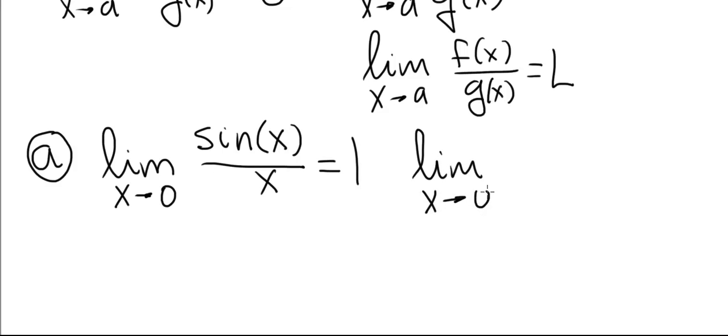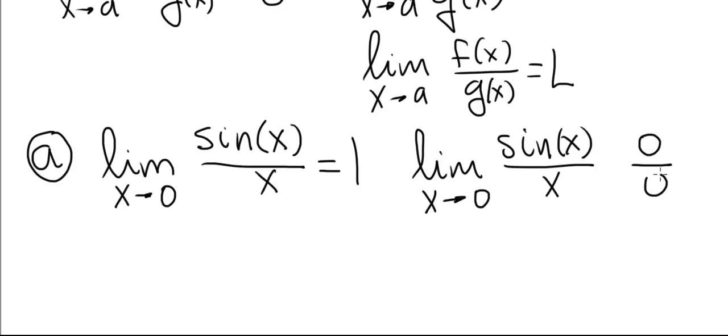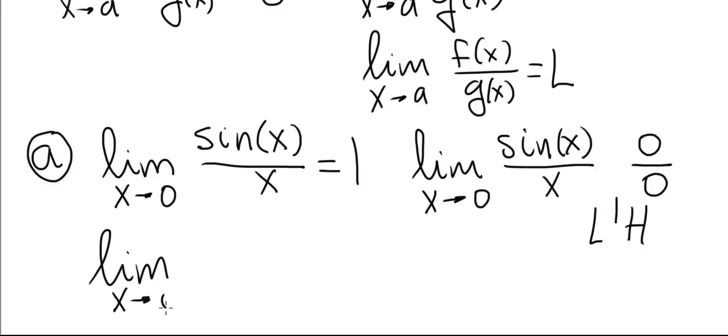So the limit as x goes to 0 of sine of x over x. This gives us the indeterminate form 0 over 0, because as x approaches 0, so does the sine of x, and of course in the denominator x goes to 0. So we can use L'Hopital's rule, and that means we look at the limit as x approaches 0 of the derivative of the numerator, that is cosine of x, divided by the derivative of the denominator, 1.